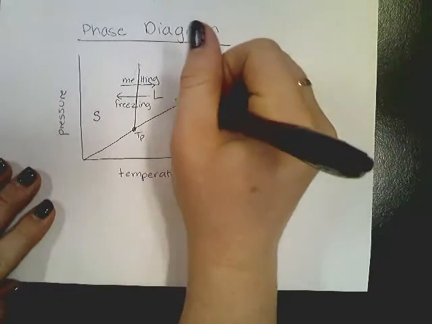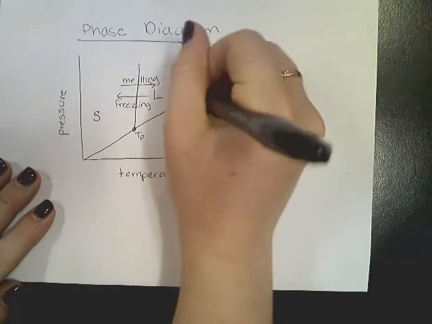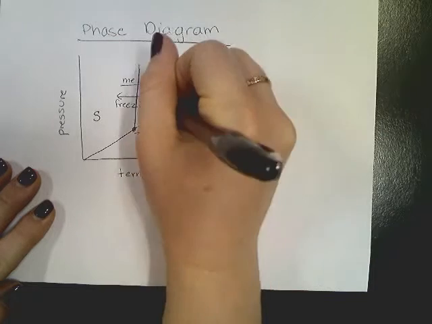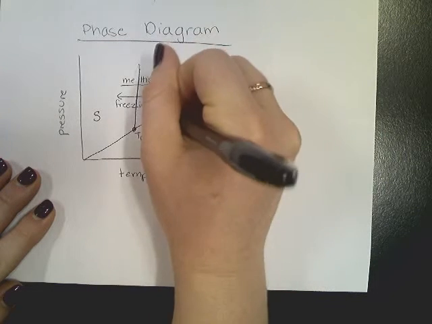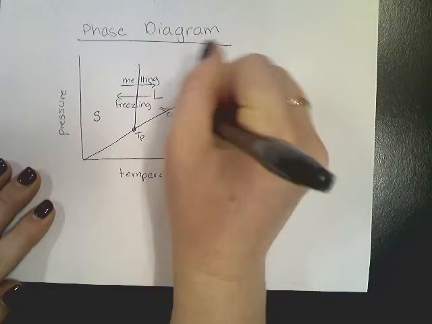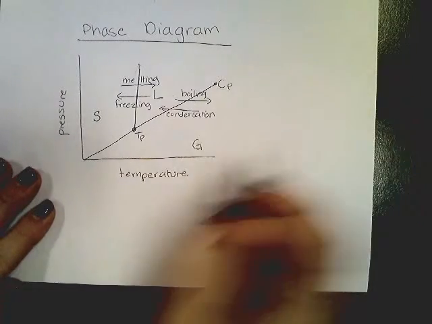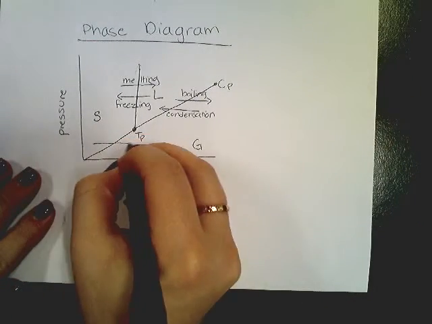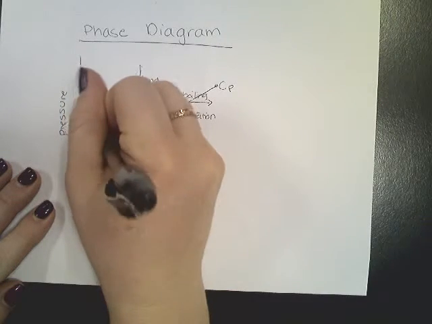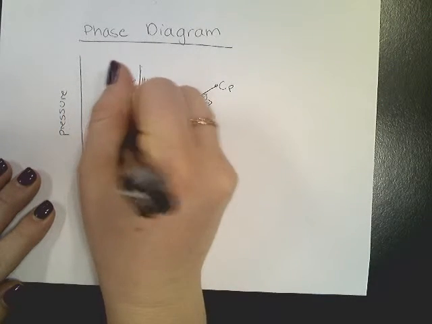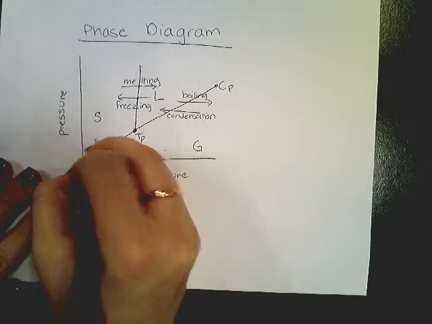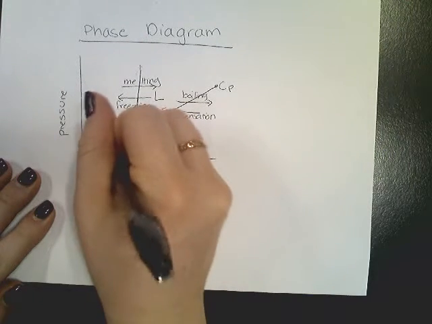Going from a liquid to a gas would be boiling, and from a gas to a liquid would be condensation. Solid to gas is sublimation, and gas to a solid is deposition.